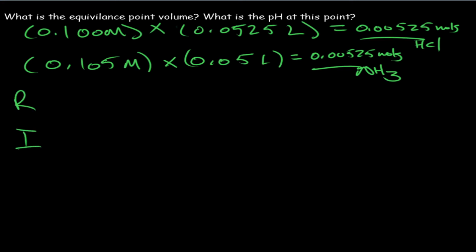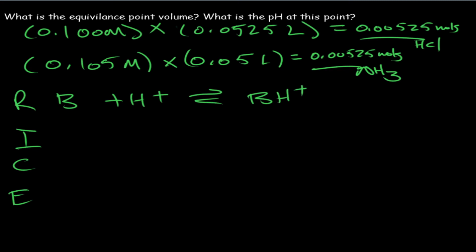So let's do a RICE table to calculate the equilibrium values after the reaction. Our base is going to react with our strong acid to create our conjugate acid. The initial amount of our base is 0.00525 moles, and the same is for our acid. And we have no conjugate acid right now.